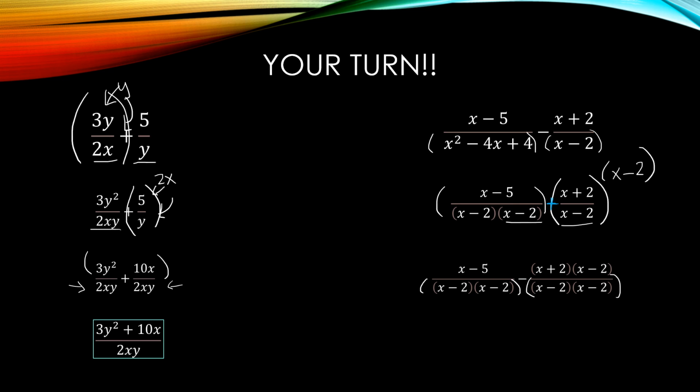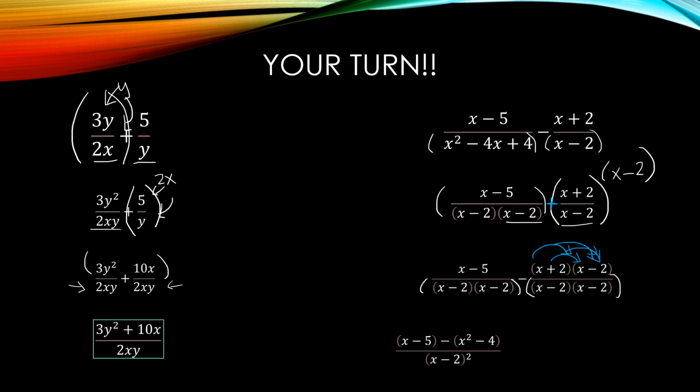subtracted x plus 2, x minus 2 from x minus 5. To make this simpler for myself, I FOILed. And if you don't know what FOILing is, please go to my previous video. And I got x squared minus 4.